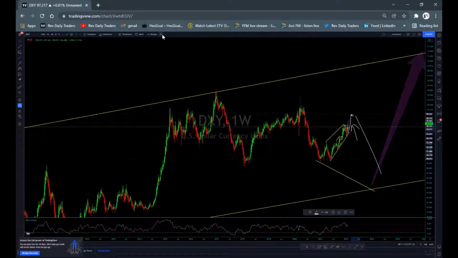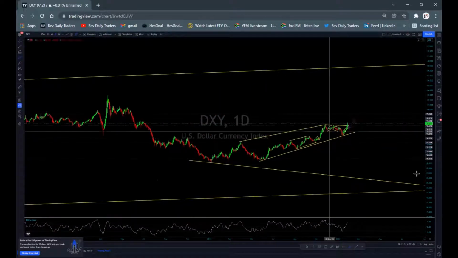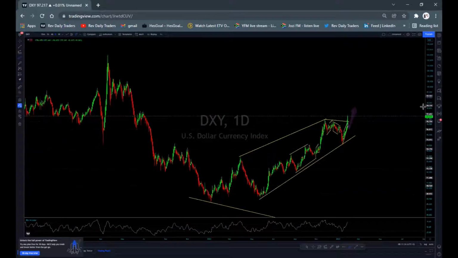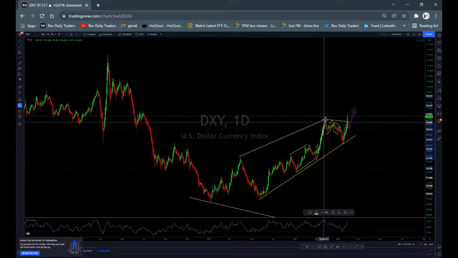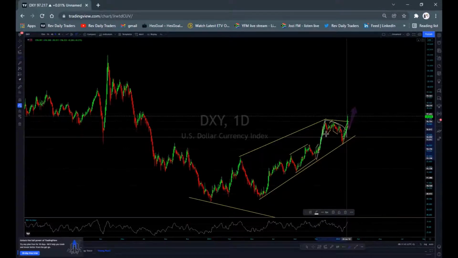Then we'll go to a lower time frame and see if the market is going to give us that buying setup or that direction. On daily time frame we are still buying. There's a correction here that is giving us that buy.